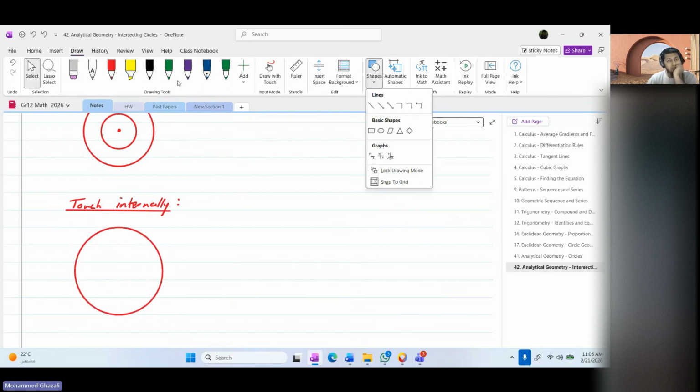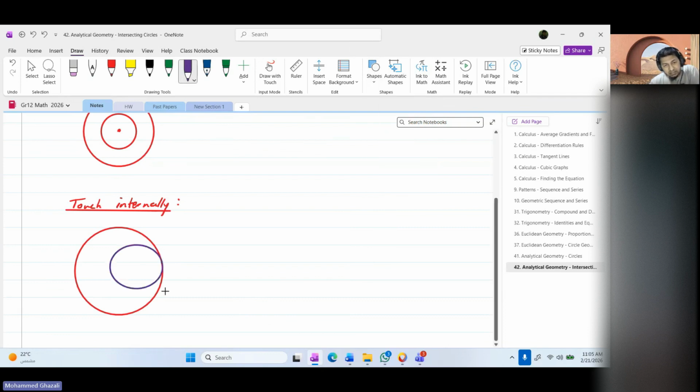That's one circle and draw another circle here. So we'll take the big circle with the radius capital R and small circle with the radius small r. In other words, they kind of have a common tangent. So let's see, touch internally.